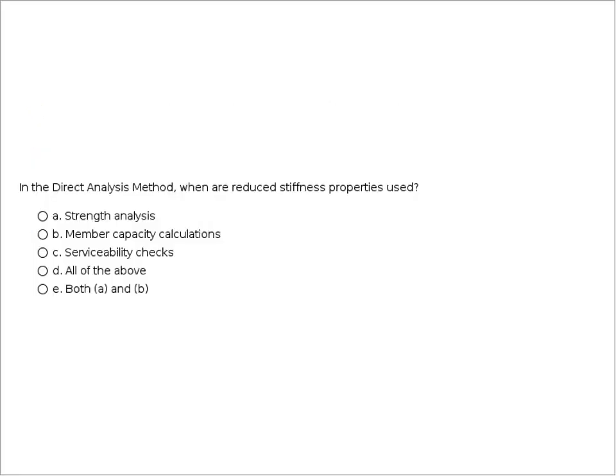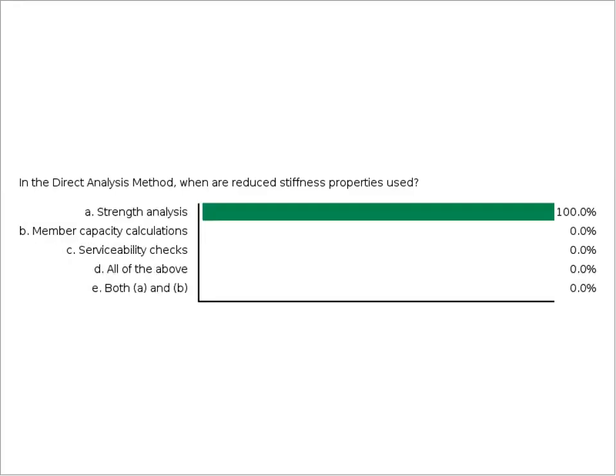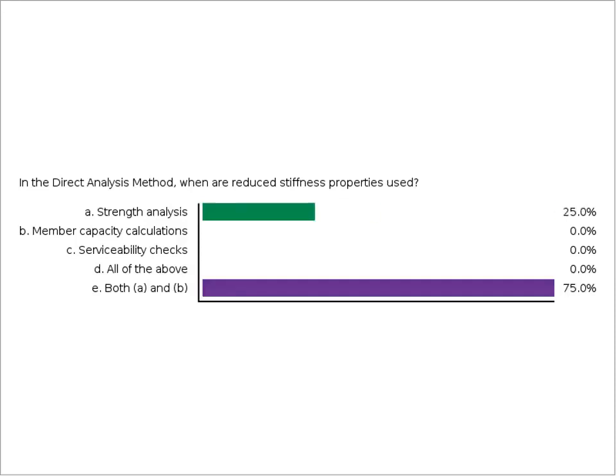Okay, Christina, time for our next polling question. All right, here's another opportunity for everyone to test their understanding. Here's the question. In the direct analysis method, when are reduced stiffness properties used?